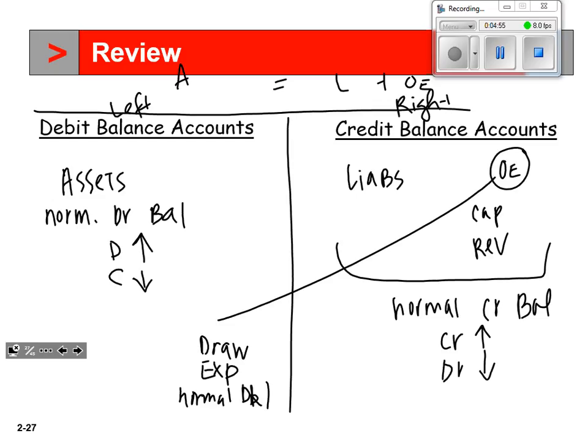Debit's the increase, credit's the decrease. Think of them like assets' naughty cousin. You could put them over on the credit side, but they're reversed because they make the overall owner's equity go down. If the owner takes money out, or if the owner has to pay a bill, that's going to make them overall go down.